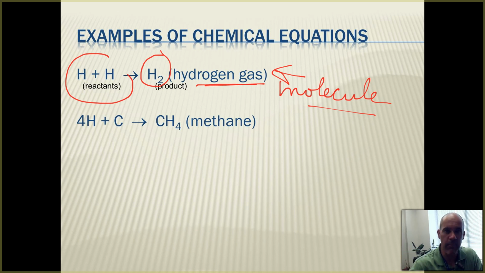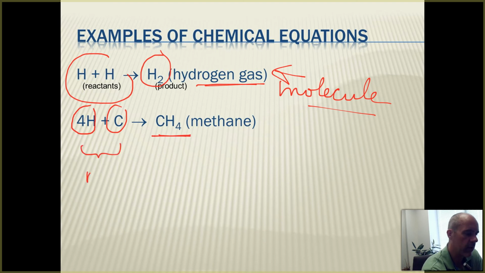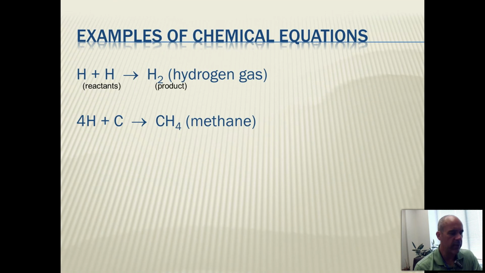Or we were looking at methane in the last video lecture: 4 hydrogen atoms plus a carbon atom all get bonded together to form CH4. That's methane. So these are your reactants, and CH4 is your product. All right, that's pretty straightforward.